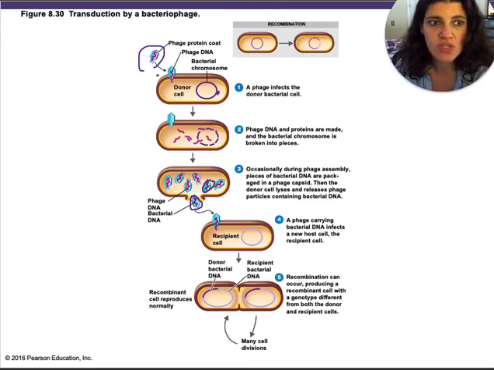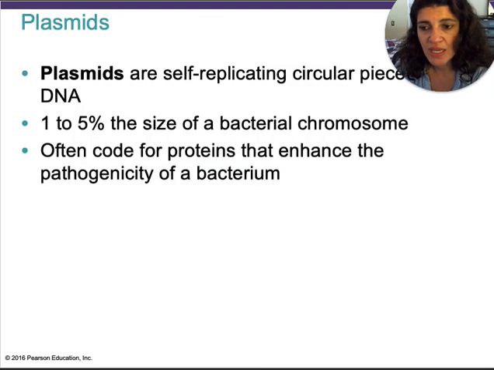So the virus is just like the mail guy, right? He's just bringing a piece of DNA from one bacterium to the other. So when this genetic transfer happens through a bacteriophage, which is the type of virus that only infects bacteria, you call it transduction.